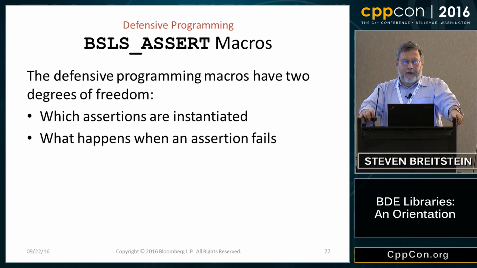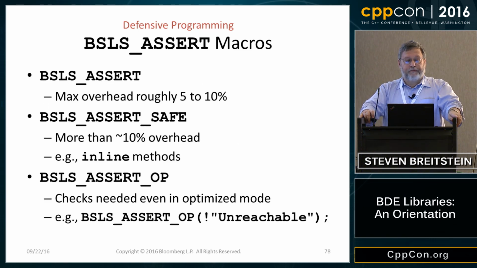And we have freedom as to what happens when an assertion fails. Normally we'll use the unadorned assert macro when the overhead is roughly 5 to 10% of the method call. If something is heavier than that, we'll call that assert safe, a different macro that can be turned on or off separately.